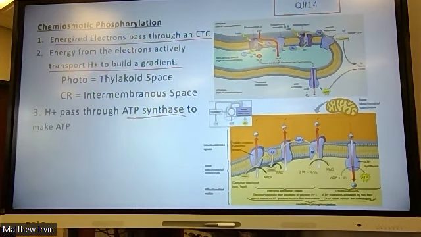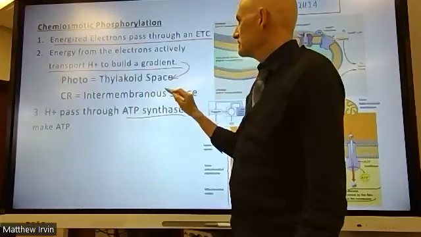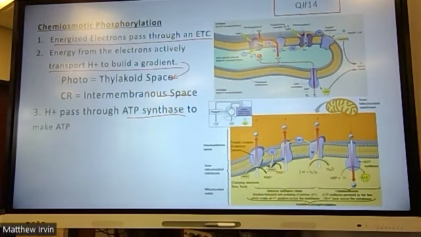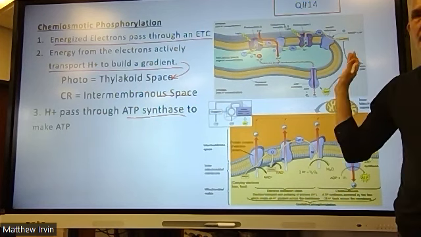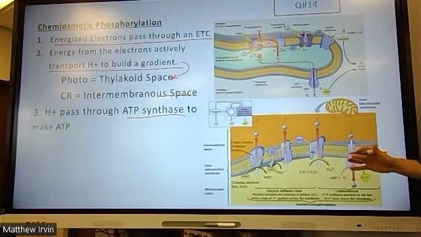So in photosynthesis, our gradient is in the thylakoid space. In cell respiration, it's in the intermembrane space between the inner membrane and the outer membrane. You will not have to draw these things. Again, at most, you will see these things pictured, and you will have to answer questions based on what the picture is showing you.